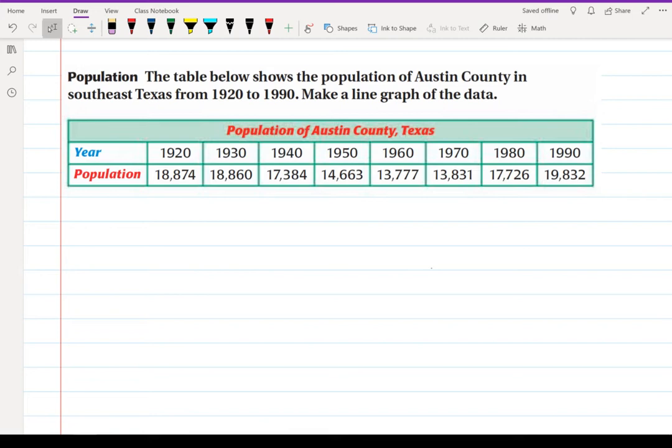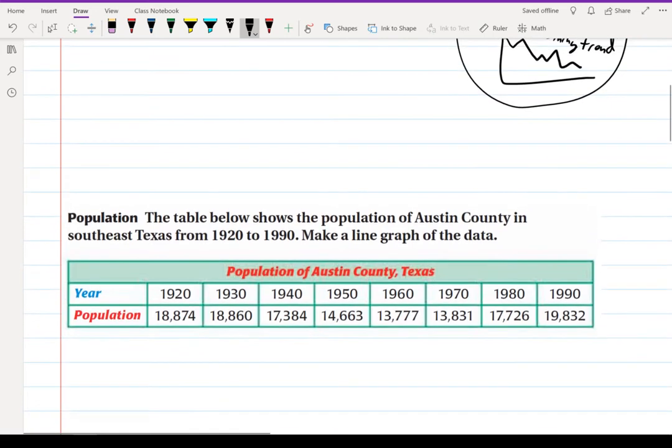Okay, first thing we do when doing a line graph, you might want to first write down some notes, okay? Drawing a line graph. Well, let me do that up here. Drawing a line graph, okay?